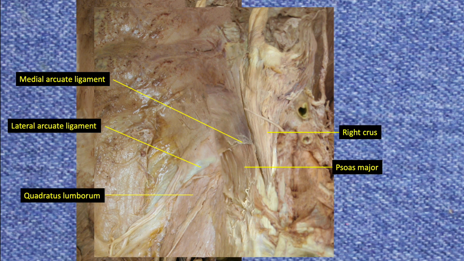Moving more medially, we find a muscle, the right crus. The right crus is one of the origins of the diaphragm proper. And if you follow the right crus, it is joined to the left crus by the median arcuate ligament over the aortic hiatus. Don't think for a moment, however, that the aorta pierces the diaphragm.